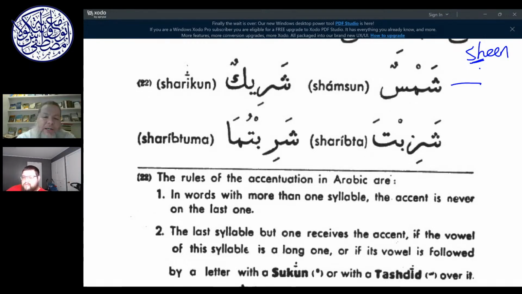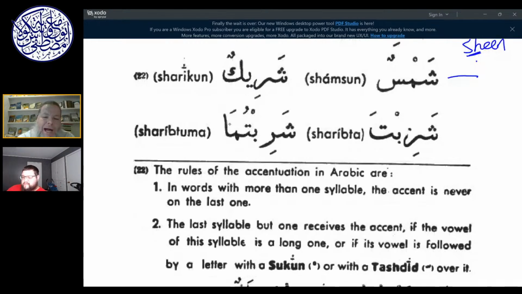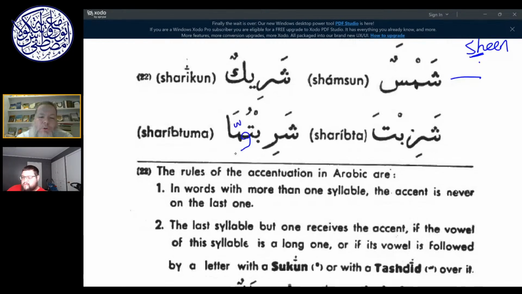Sometimes you were putting a shadda here, or sometimes you're putting a wow here. Now, I told you before, English speaking people make one mistake which has two parts.